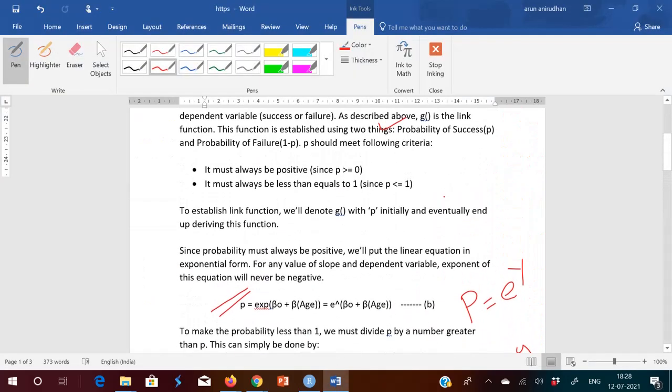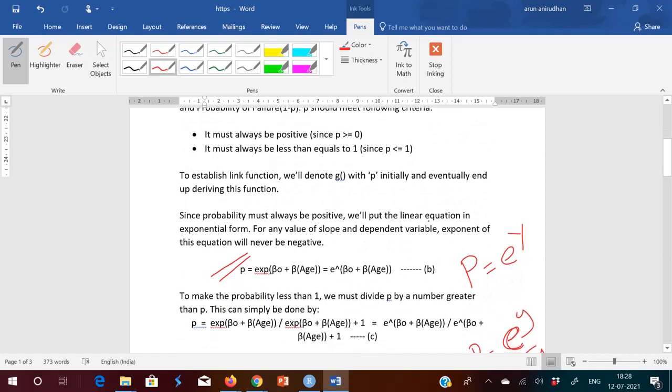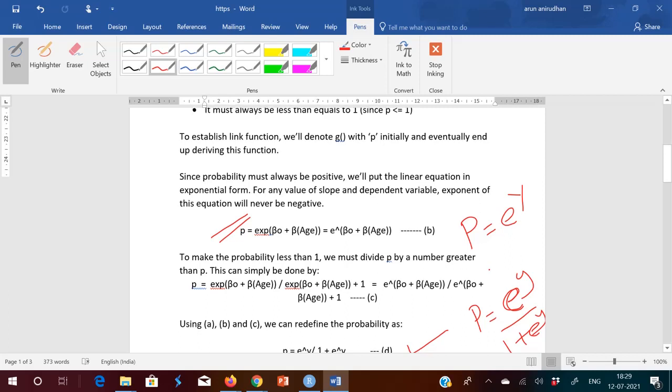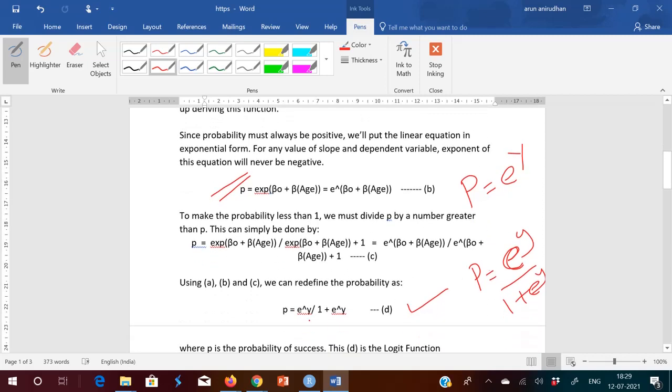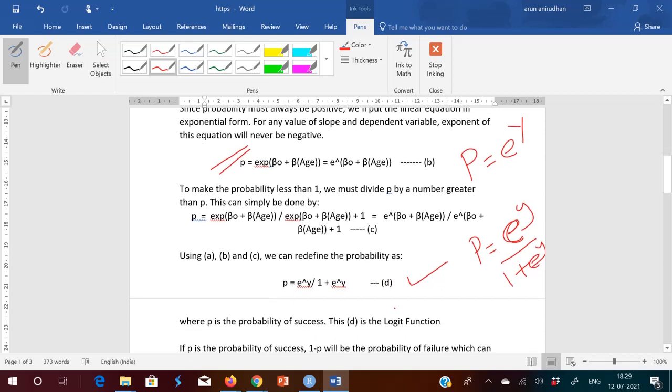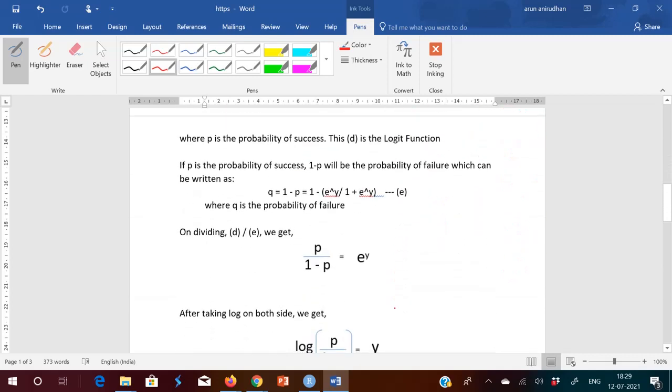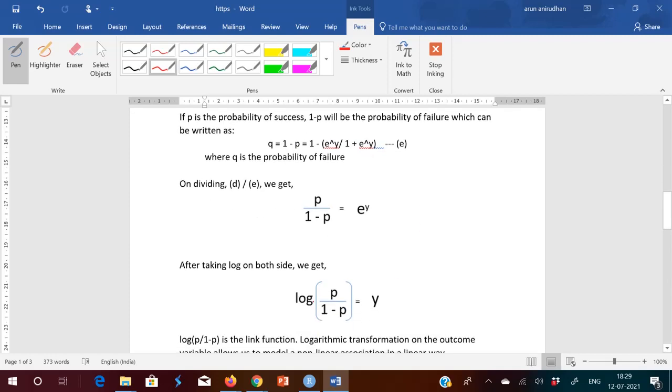So here the main thing is how you find the P. So P is found from e raised to y by 1 plus e raised to y. Okay, and then you do some more equation, and then you find log of p by 1 minus p equal to y. The general principle here is if the p is 0.5, it will become 0.